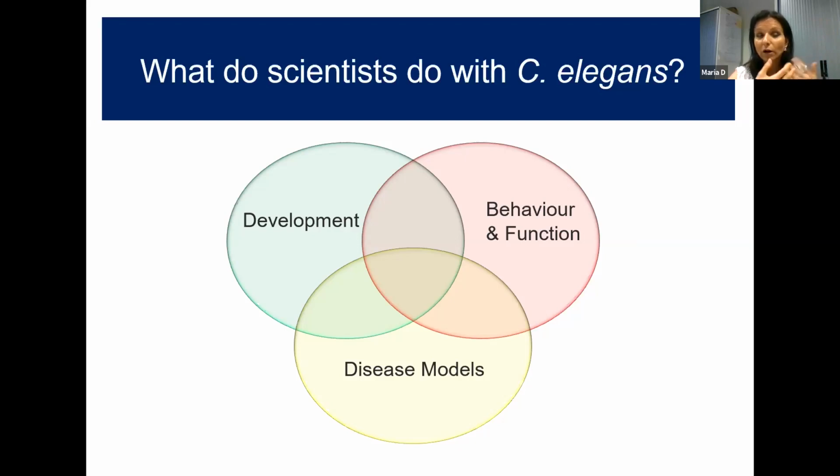And then we're going to be able to understand more about the function of the gene that actually causes the mutation. And there are scientists like myself who are interested in using disease models, using the model organism C. elegans, and how we can actually mimic a human disease in a tiny worm, and what kind of lessons we can actually learn.